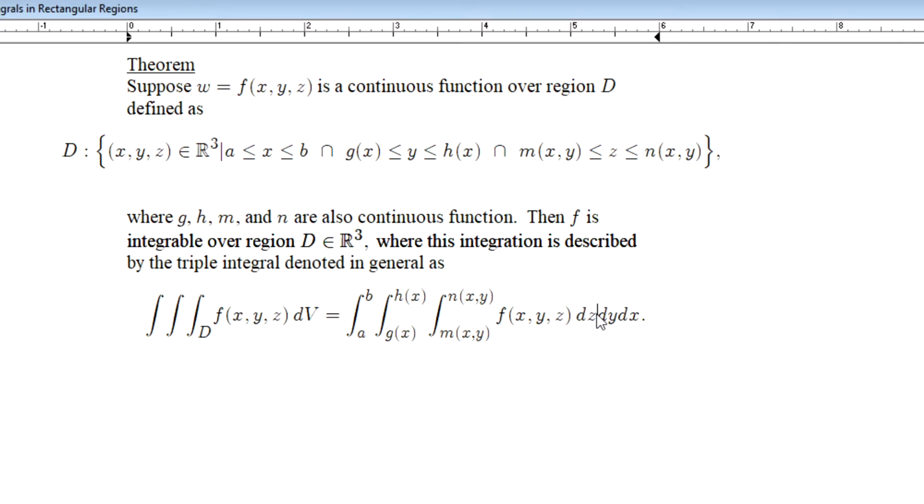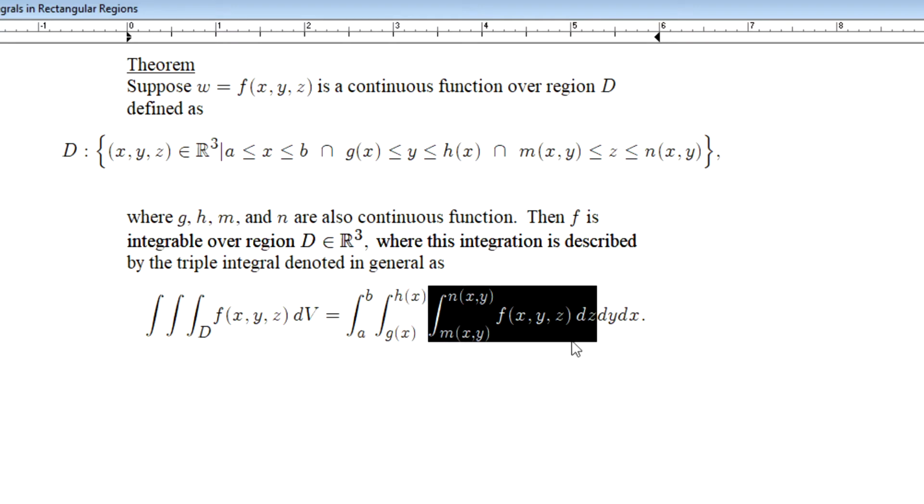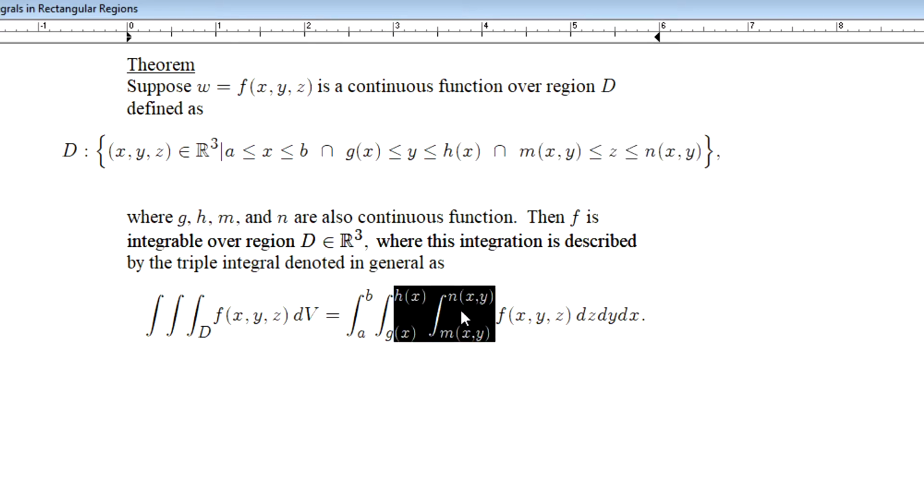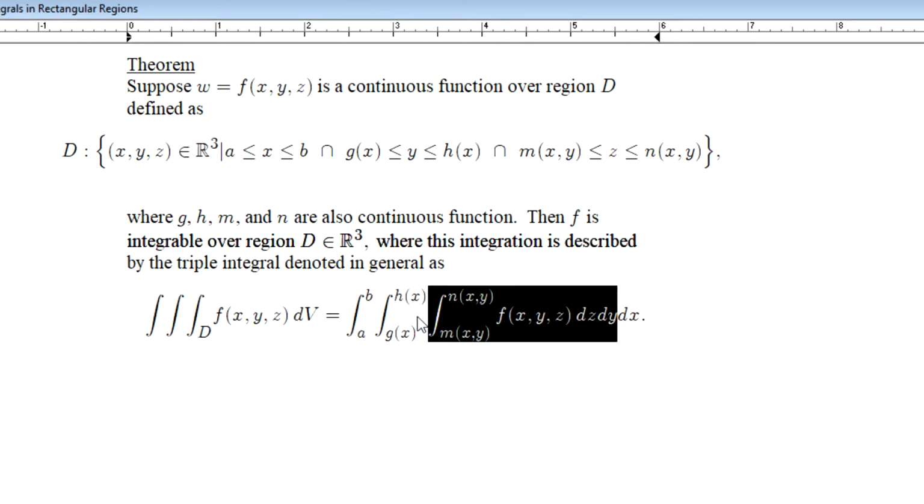On the inside, the integration is happening first with respect to z, right? Z being bounded by these multivariable functions of x and y, the 2 remaining variables that will be left behind in our integration. Once we integrate this innermost integral with respect to z and evaluate it across these multivariable bounds, we then integrate with respect to y, where y happens across the bounds from g of x to h of x.